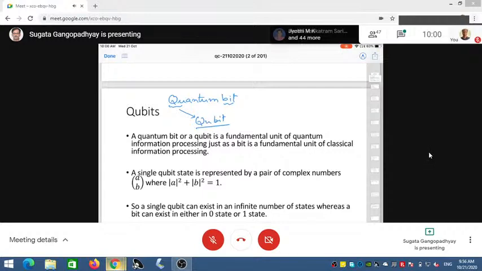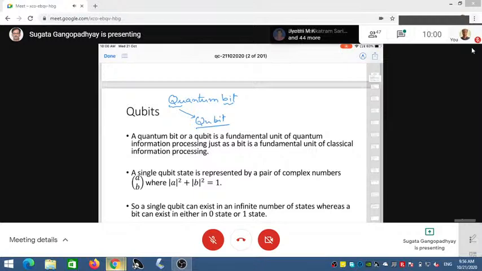So if I take a number like this, 1, 0, then the modular square of 1 is 1 and the modular square of 0 is 0, so I have got 1. But let us see whether I can generate something like this: i and 0. The modular square of i is 1 and the modular square of 0 is 0, so I've got 1 again.